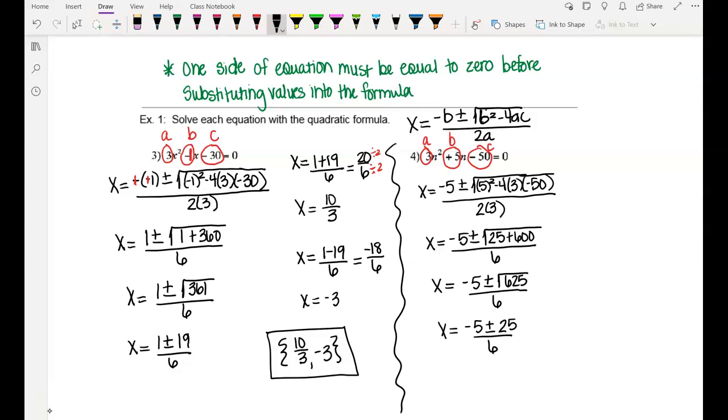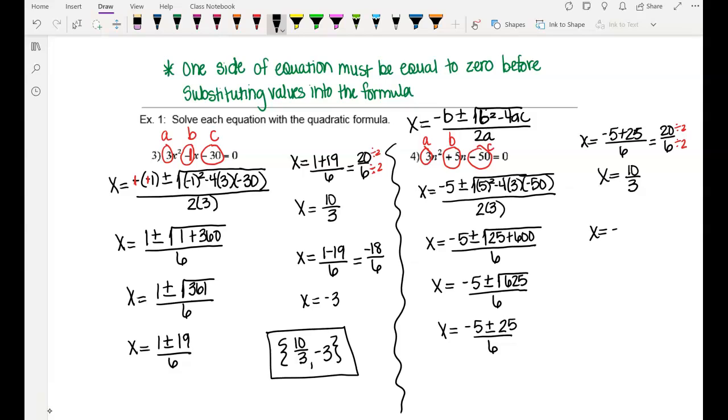So now I'm at that point, I need to separate it out and do one with the negative 5 plus 25 and one with negative 5 minus 25. So x equals negative 5 plus 25 divided by 6, which is 20 divided by 6. Both divisible by 2. So x equals 10 thirds.